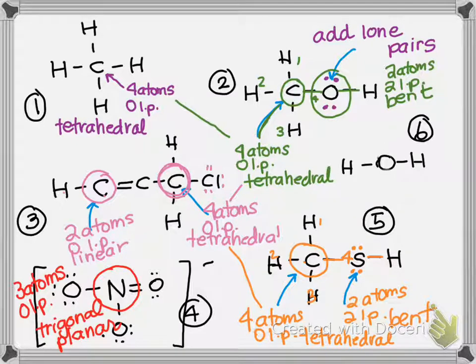And then finally, water, because I just really like water. So we know oxygen only has 4 electrons around it. So water has 2 single bonds and 2 lone pairs. There's no arrow because oxygen's the only thing in the middle. So this is 2 atoms and 2 lone pairs, which we've done a couple times here.